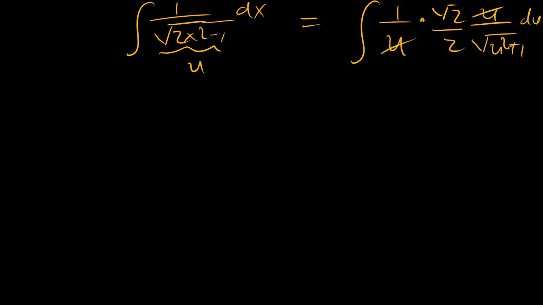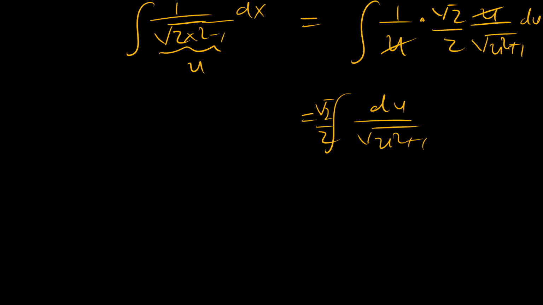And that cancels out. So this actually becomes, this is easy, the integral of 1 over the square root of u squared plus 1. Let's proceed and see how we can handle that.